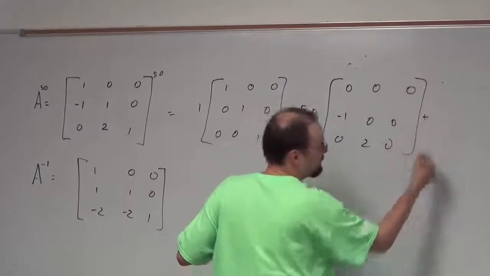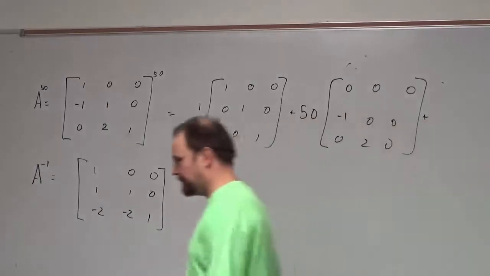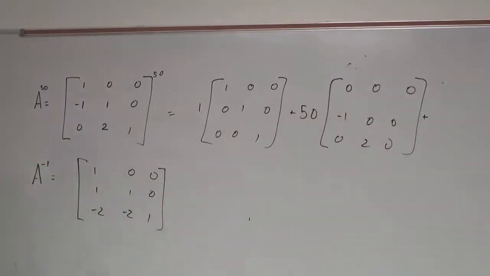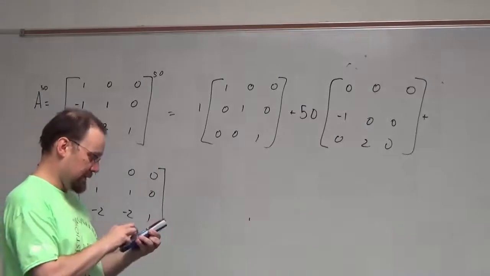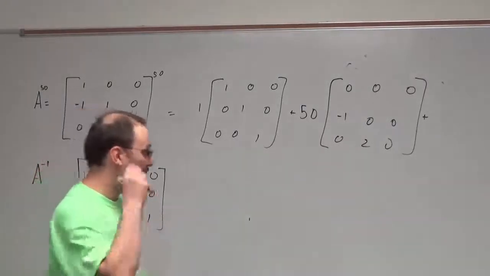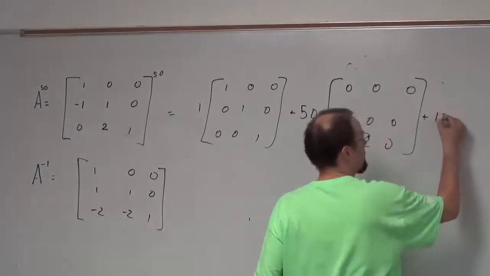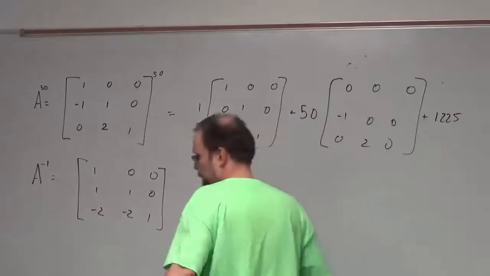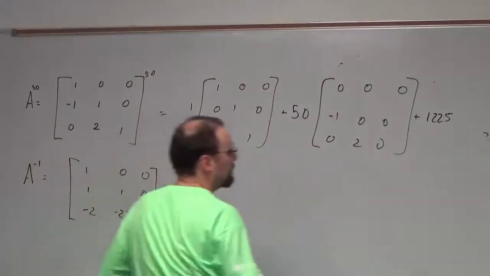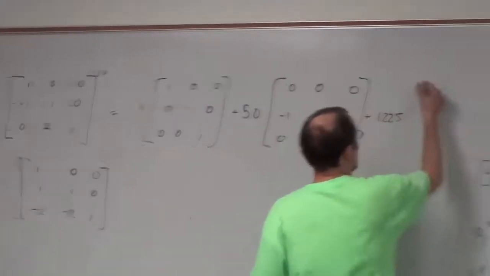Plus this number, embarrassing numbers in the calculator, 1,225 times b squared. And b squared is right there.